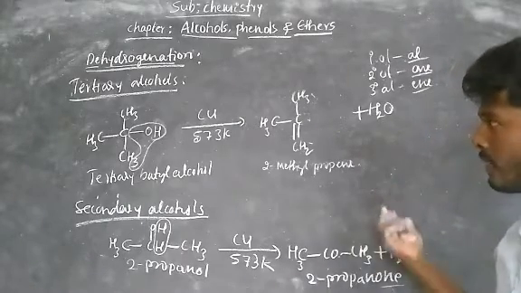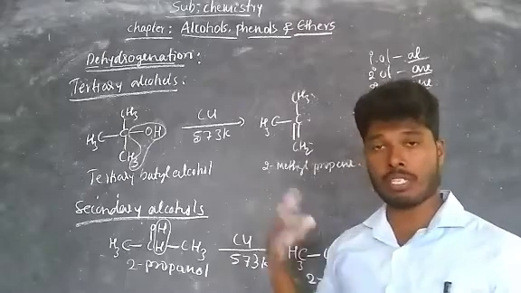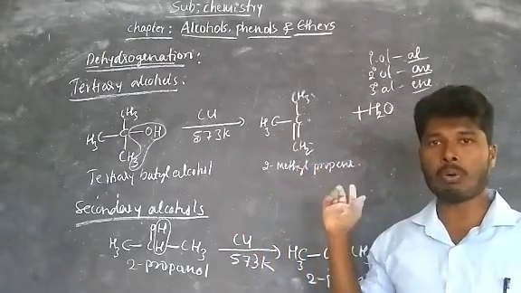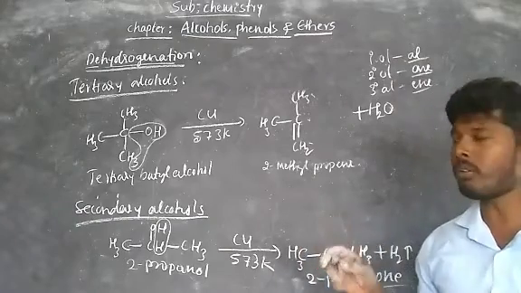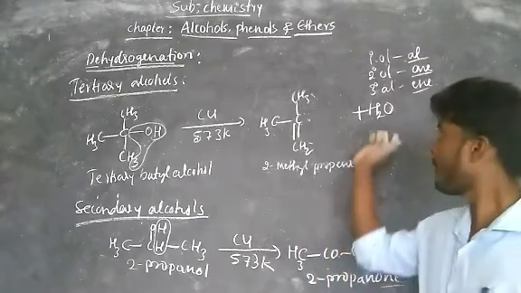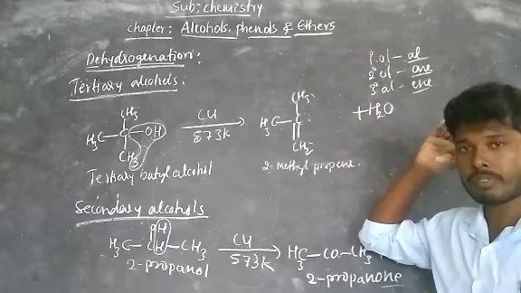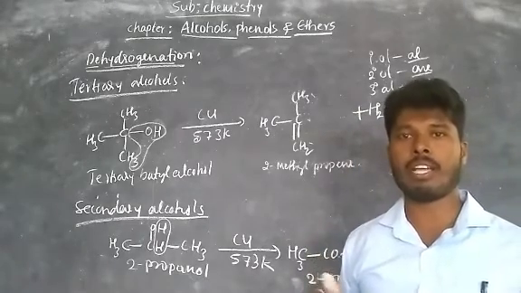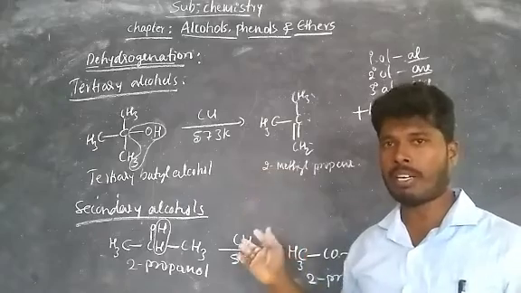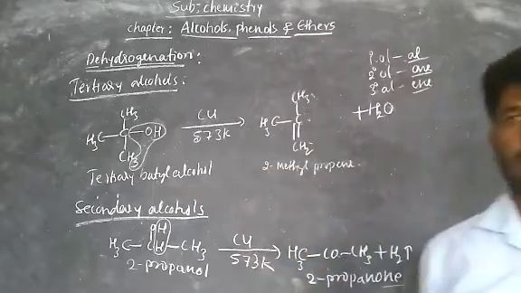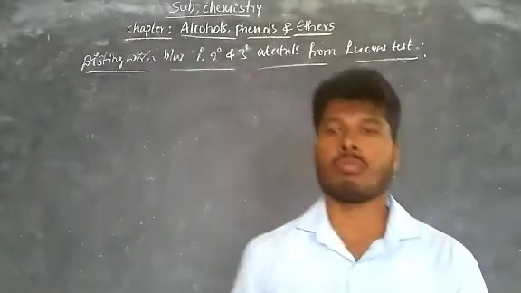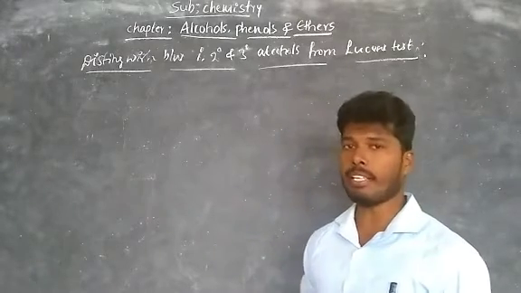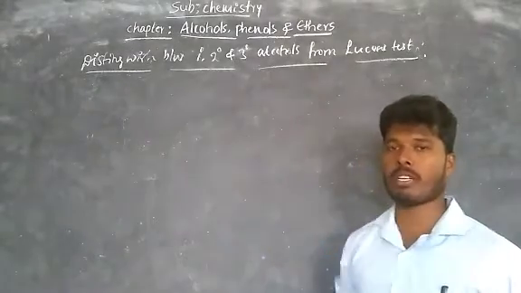Now the next one is to distinguish between primary, secondary and tertiary alcohols using Lucas reagent. Very important. With Lucas reagent we distinguish, identify and analyze primary, secondary and tertiary alcohols by doing an experiment. Okay, so the next one is distinguishing between primary, secondary and tertiary alcohols with Lucas reagent.